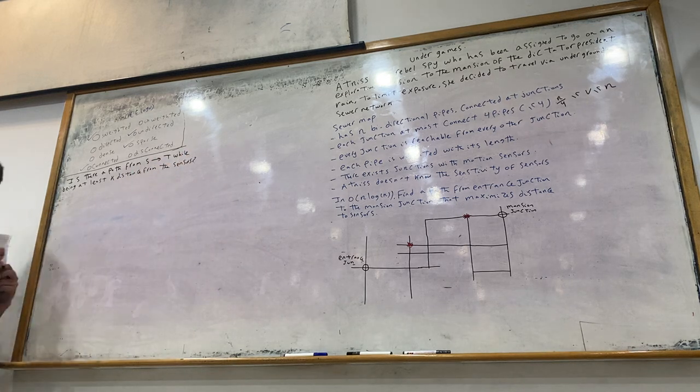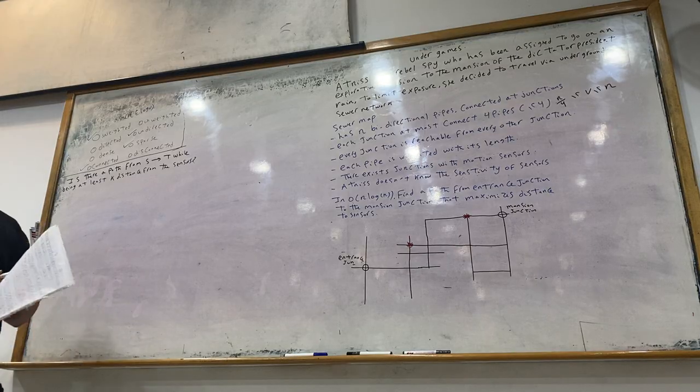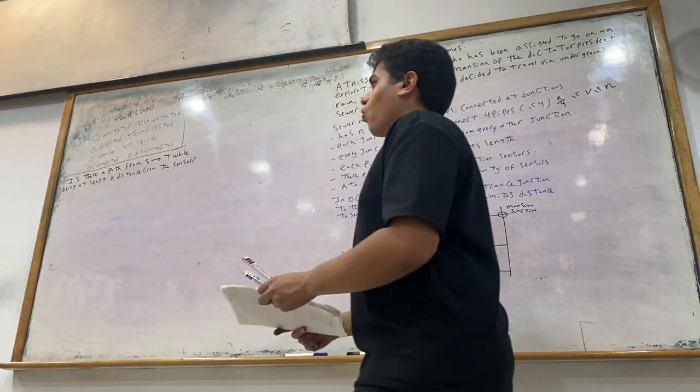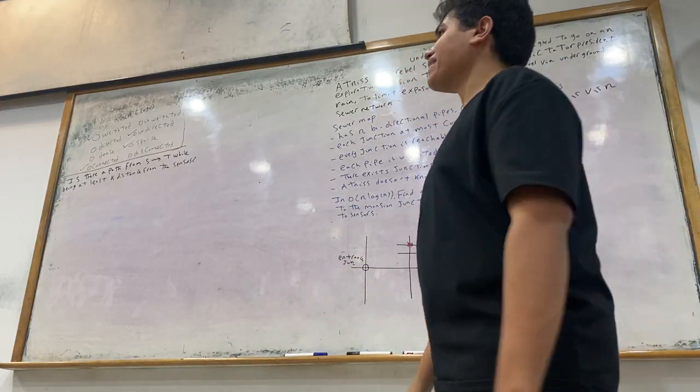I've asked you this question. What is the question? Is there a bus from S to T? Is there a bus from the entrance to the mansion junction while being at least K distance away from the sensors?